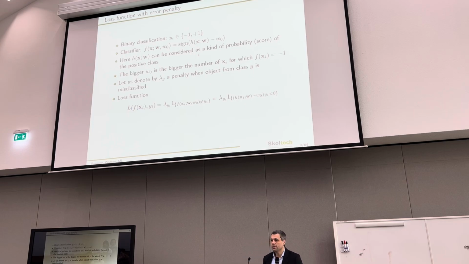Vice versa, of course, it's not a very pleasant situation when we say to a person that the person has some illness, although it's not the case. It can have some psychological consequences, but it's obvious that the cost of such an error is less than the cost of the previous error. That is why different types of errors can have different costs.